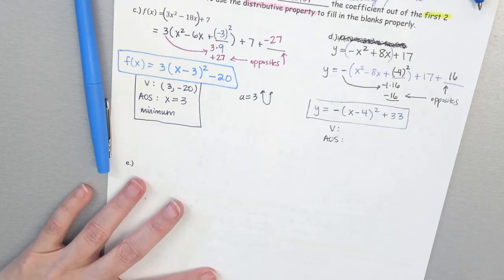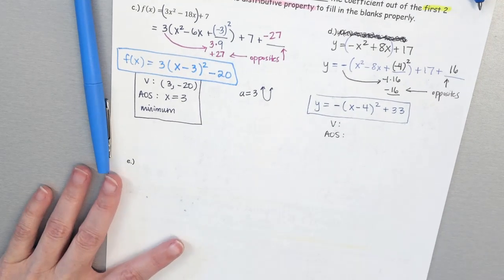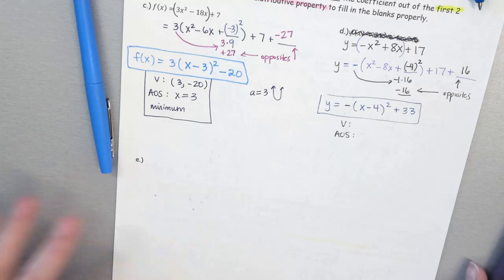Okay, so find your vertex, your axis of symmetry, and whether it is a maximum or a minimum.